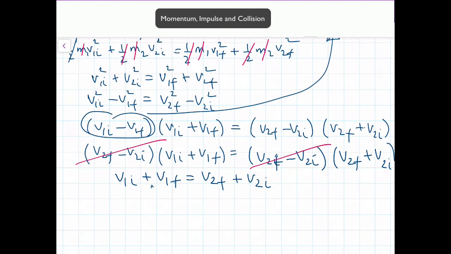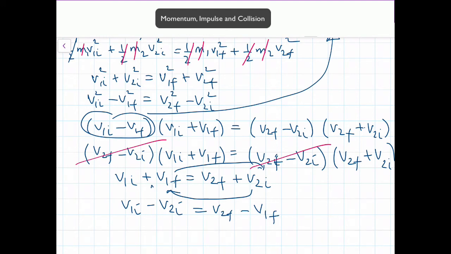If you collect the initials to one side, what you will have is v1 initial minus v2 initial. So what I did is I brought this to here and took this guy to the other side of the equation. What you will have is v2 final minus v1 final. Aha! Now you got two equations.